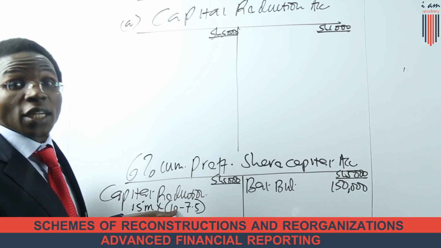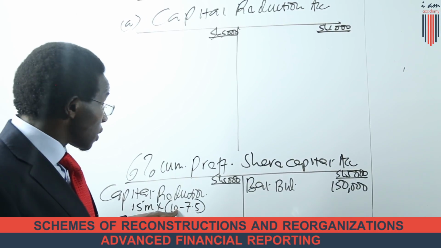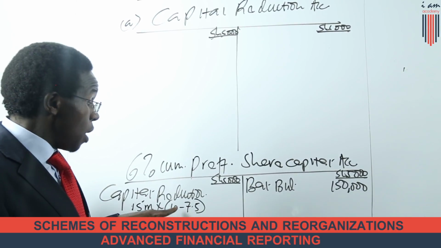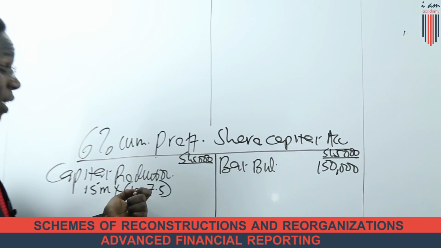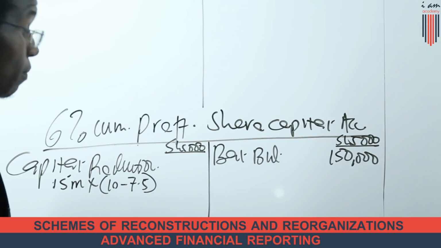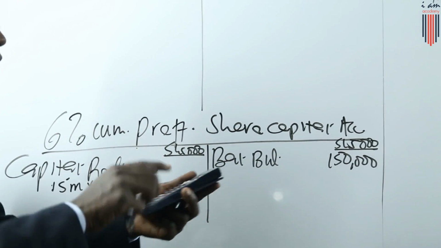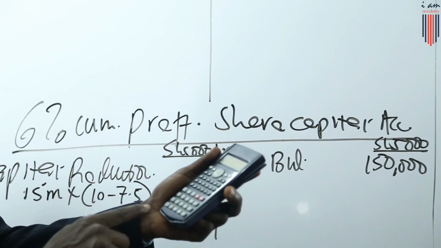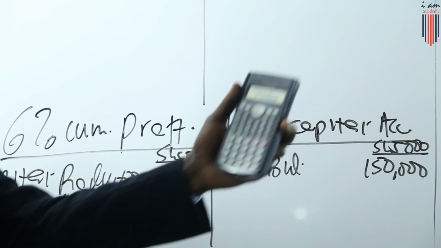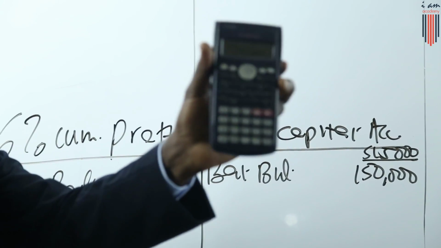That is 10 shillings, which was the original par value, but we have reduced it to 7.5, so the difference is what we have reduced it by. If you take the 15 million and multiply by 2.5, you are able to see 37,500.